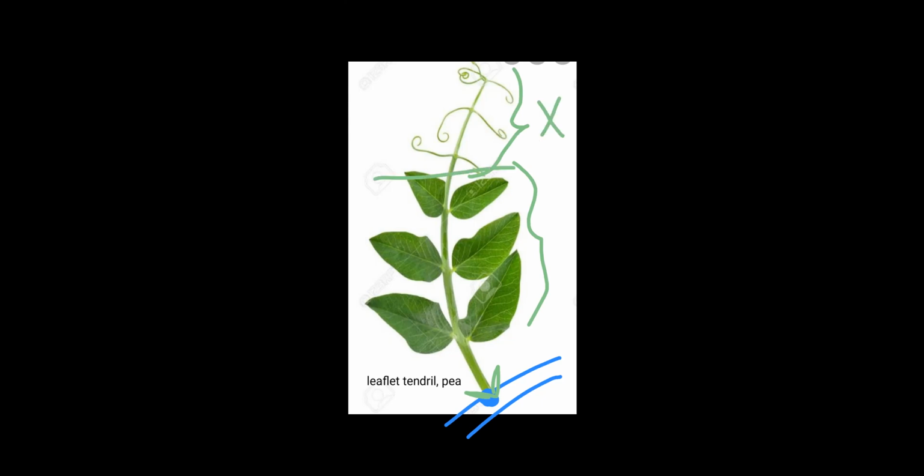So again the question here is, enough amount of food is now synthesized by whom? For that, these stipules become large leaf-like structures. Generally it's a small structure, but in this pea plant, stipules become large leaf-like structures and perform photosynthesis.